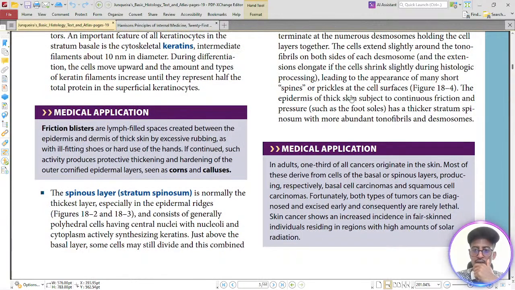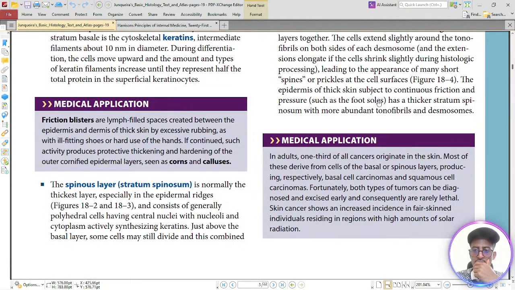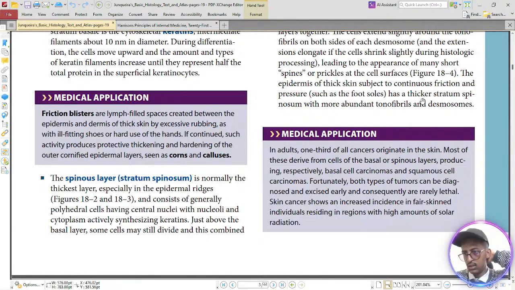The epidermis of thick skin, subject to continuous friction and pressure such as the foot soles, has a thicker stratum spinosum and more abundant tonofibrils and desmosomes.